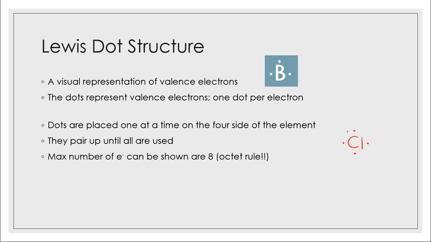And then you go around again to pair them up. 5, 6, 7. And this is the Lewis dot structure for chlorine. Remember that you will not have more than 8 electrons, and for the smaller atoms like hydrogen and helium, you will have no more than 2 max.